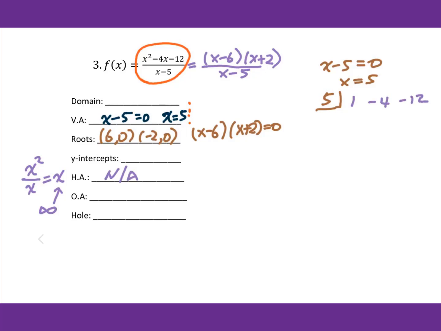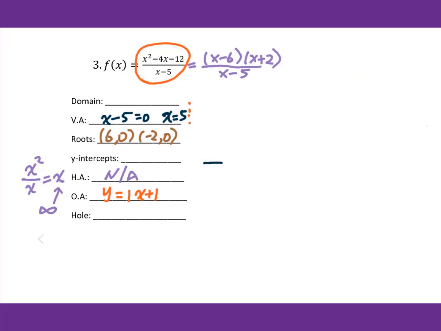We only focus on the first two because we are only interested in the quotient. So we get the 1. Multiply is 5. We got the 1. That means x plus 1. That's the oblique asymptote line. So we write down oblique asymptote line y equals 1x plus 1.